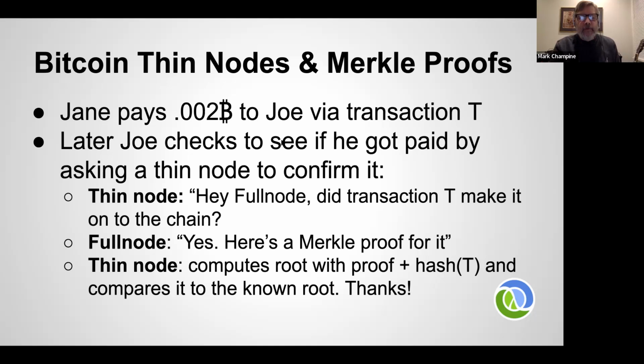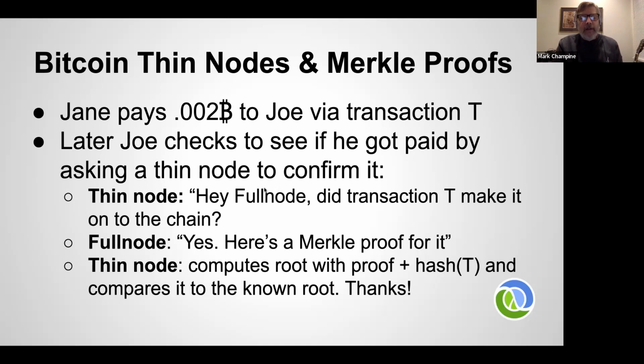Joe wants to find out if he did indeed get paid, maybe so he can decide whether to send some product that he's offering. The way he does that is to communicate with a thin node. There are a lot more thin nodes than full nodes, and they're nearby, for example. So it helps extend the reach of the blockchain network.